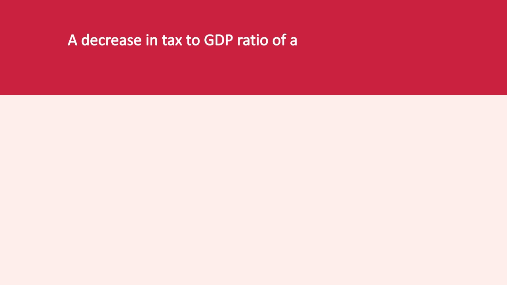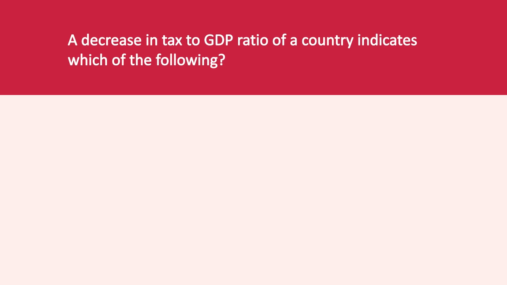There are bound to be questions on social welfare, aims and objectives, and the diversities associated with social welfare. There are 3 questions that were asked in 2015 that are representative of the type of question that can be asked. One: a decrease in tax to GDP ratio of a country indicates which of the following?